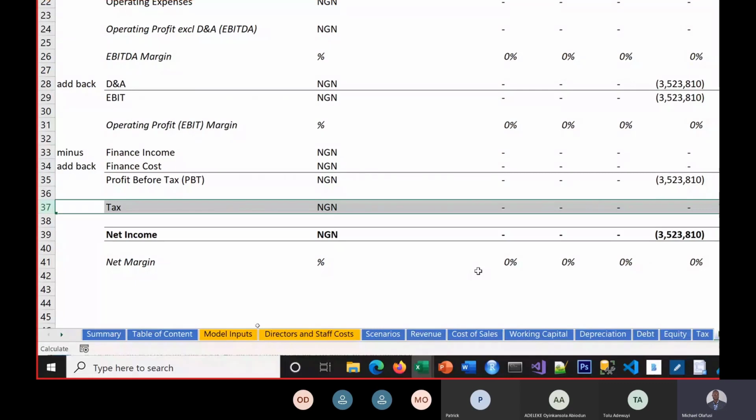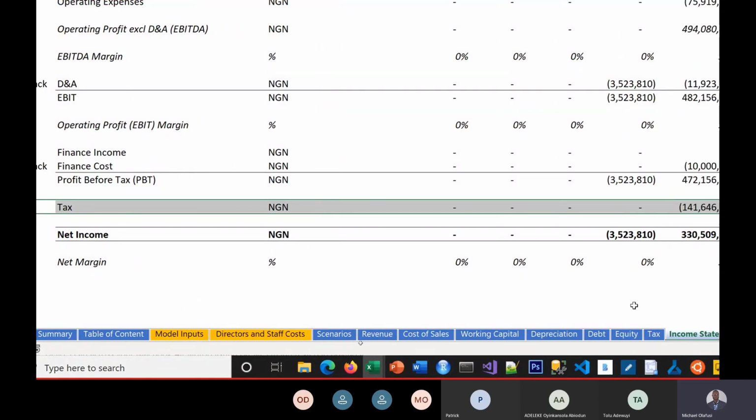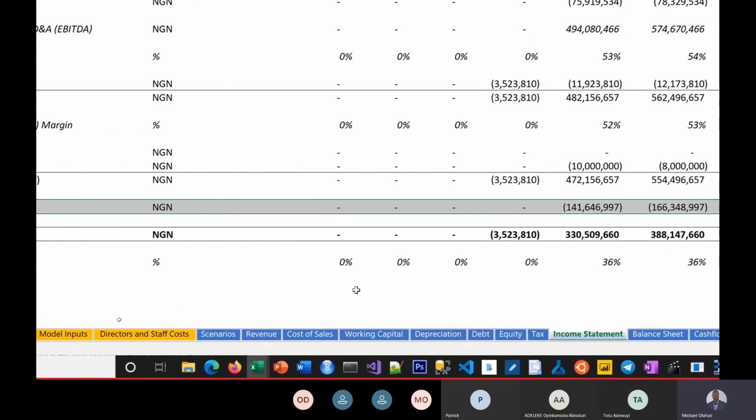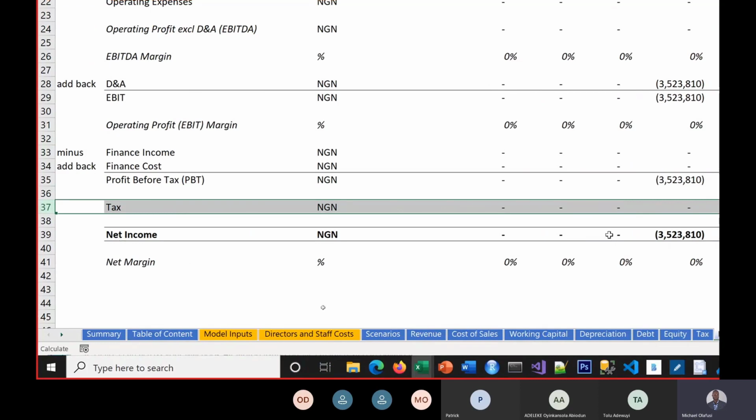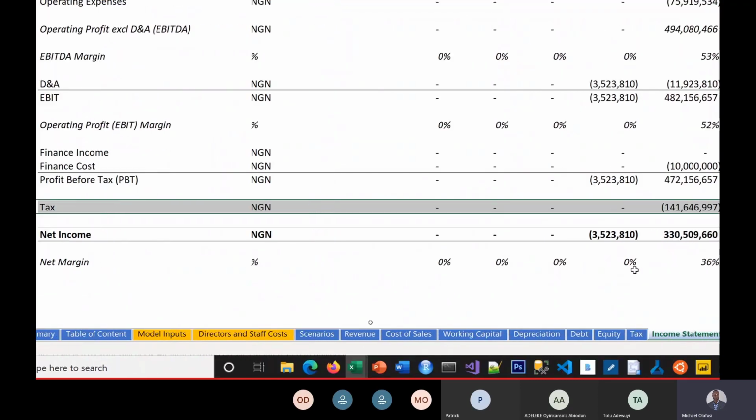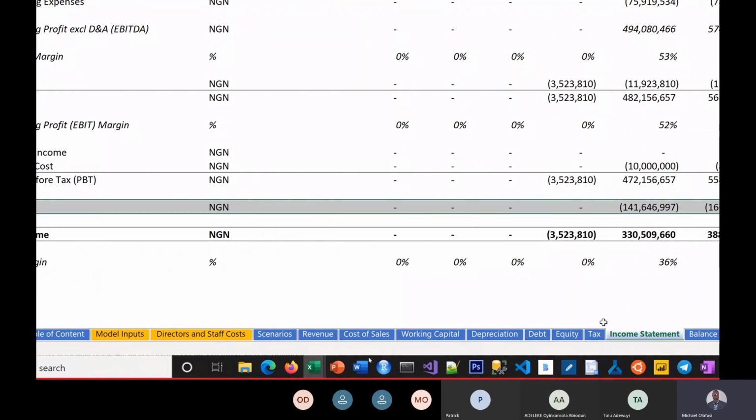So like for us now, we have to do this audited account. Our accountant has to do it, and then we will now take that to FIRS to start processing the tax we will eventually pay. So there's always the difference between what you have in your income statement as the tax that you pay or that you are supposed to pay and what you actually pay.